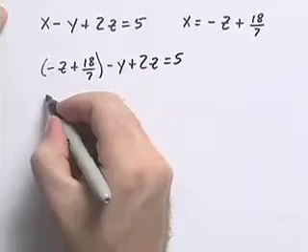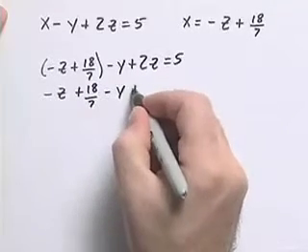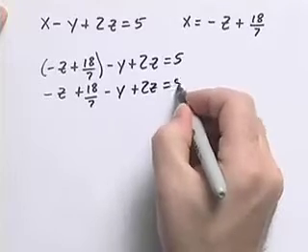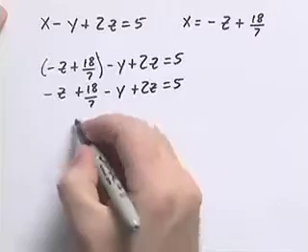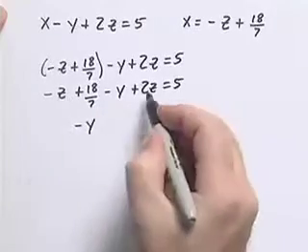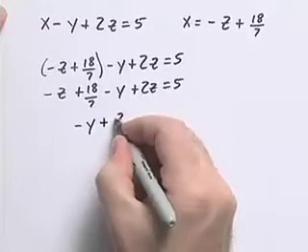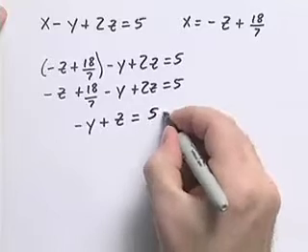You can collect like terms here and bring this 18 sevenths to the other side. So we'll have negative y, negative z plus 2z is plus z, equals 5 minus 18 sevenths.